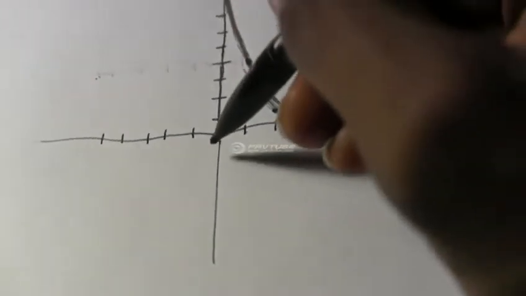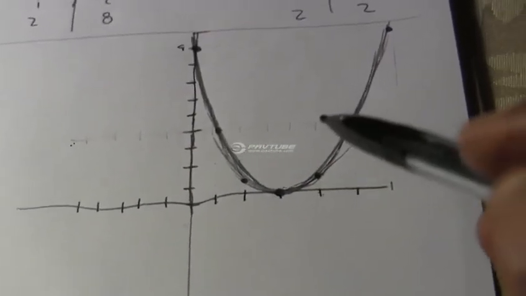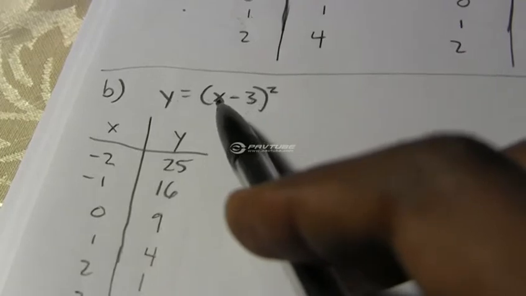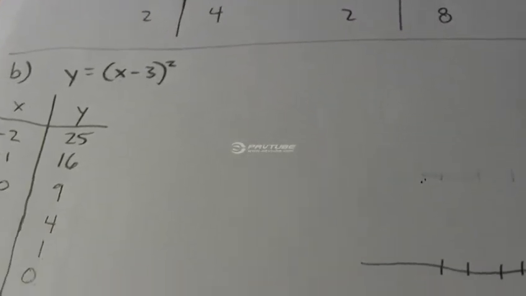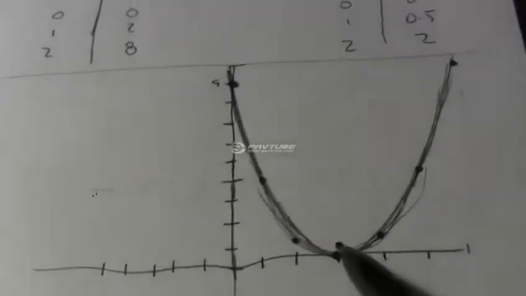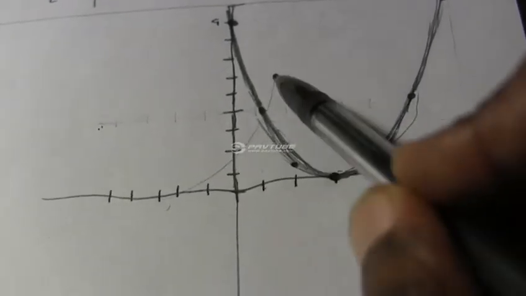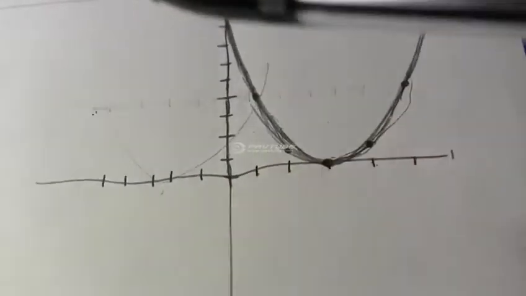That's all it is. So if I draw the rest of this, all I did was move it over to the right. Okay? So you got this minus 3 here. That just tells you you're going to the right. If it was x plus 3, it would have moved it to the left by 3. Okay.